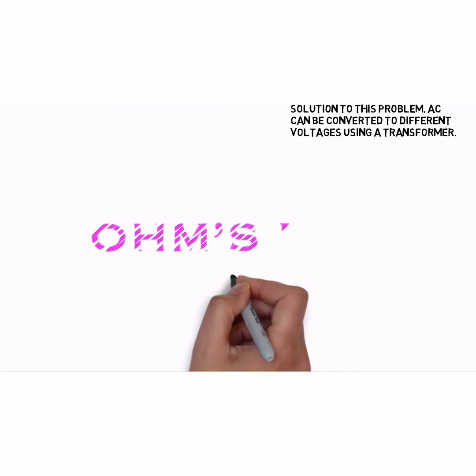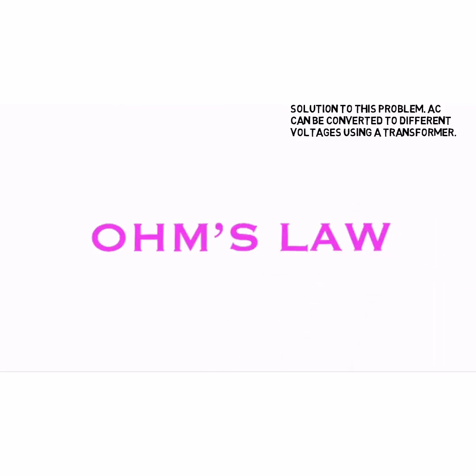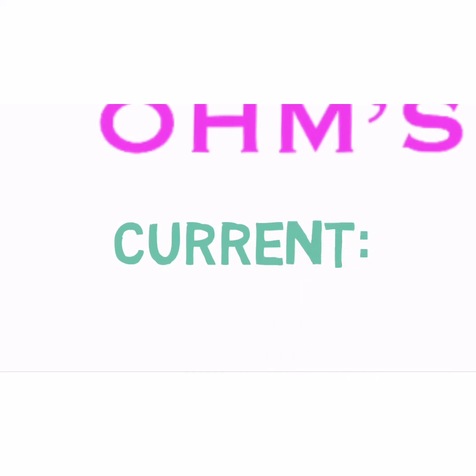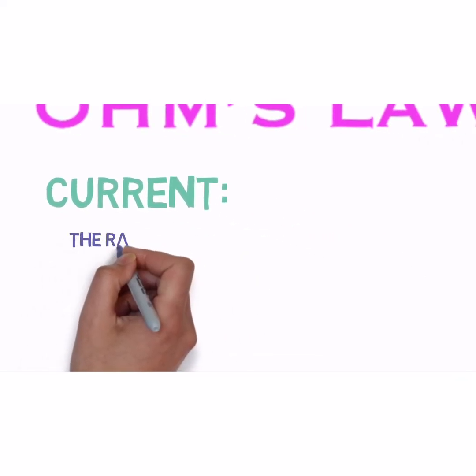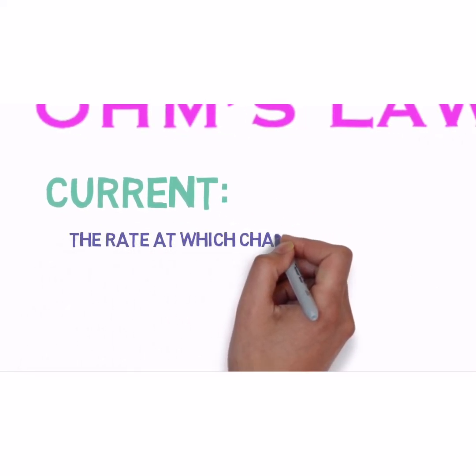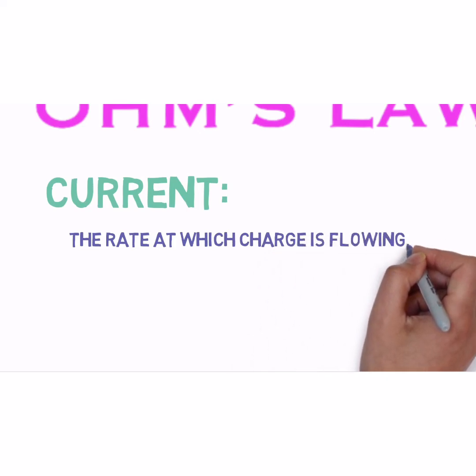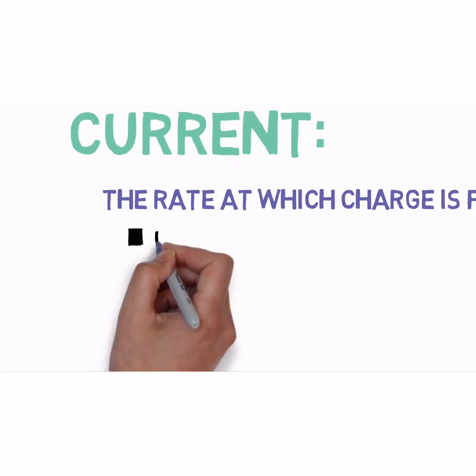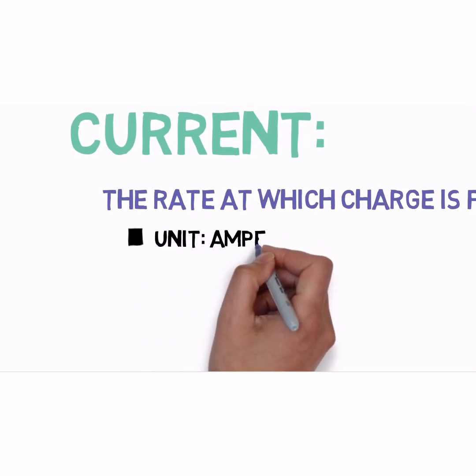Ohm's law. Current: the current is the rate at which charge is flowing, and it's measured in amperes.